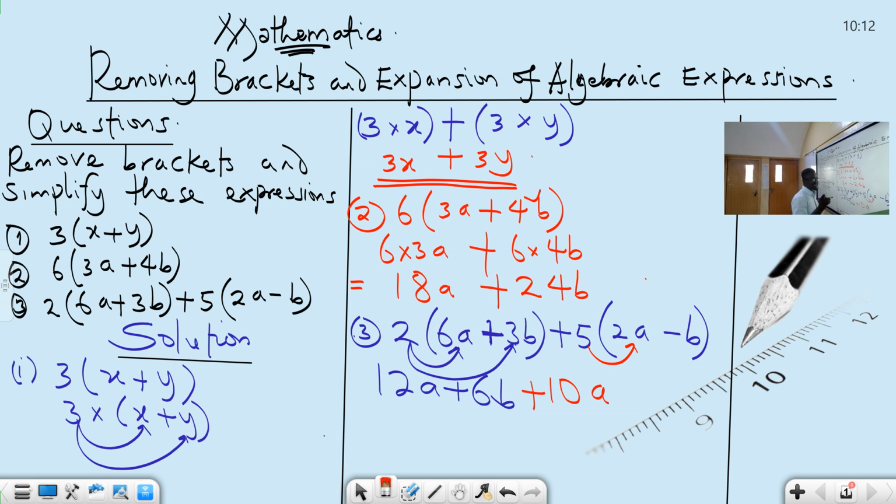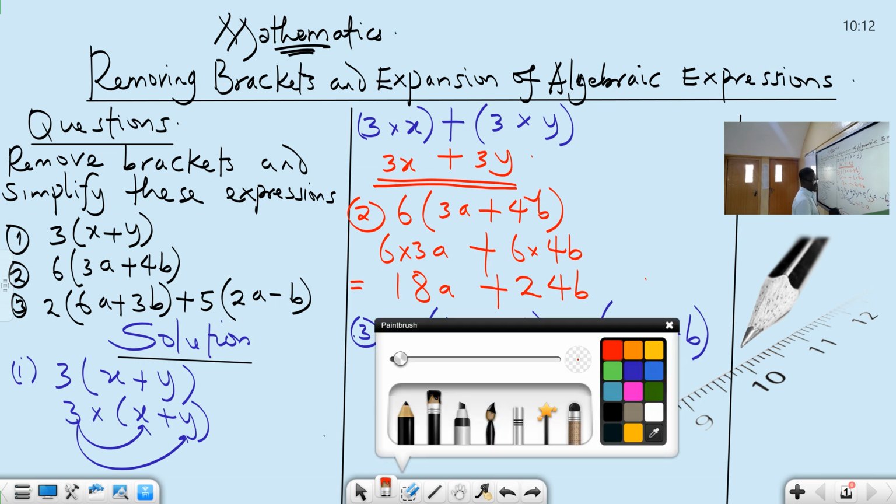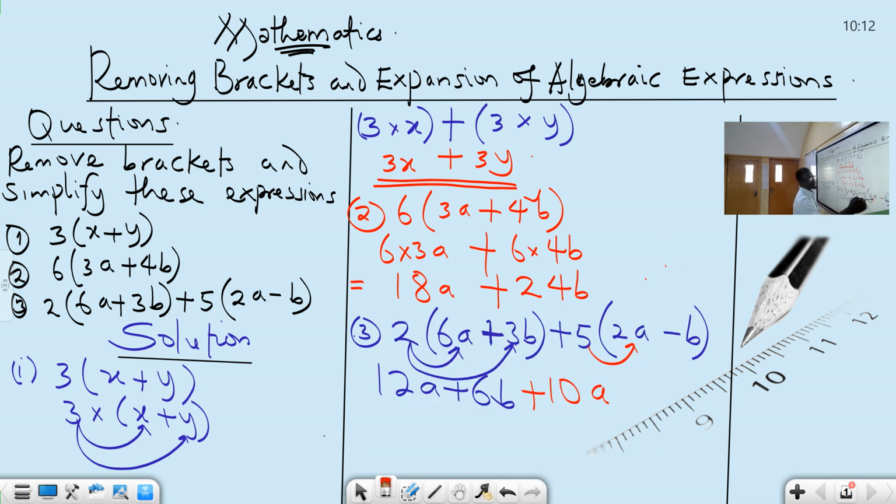Then you need to be careful with signs. This b is not standing alone. There is a sign before that b, and that is a negative sign. As you are multiplying, you also take cognizance of the sign before the letter. Plus times minus is minus. Positive times negative is negative. Unlike signs give negative, while like signs give positive.